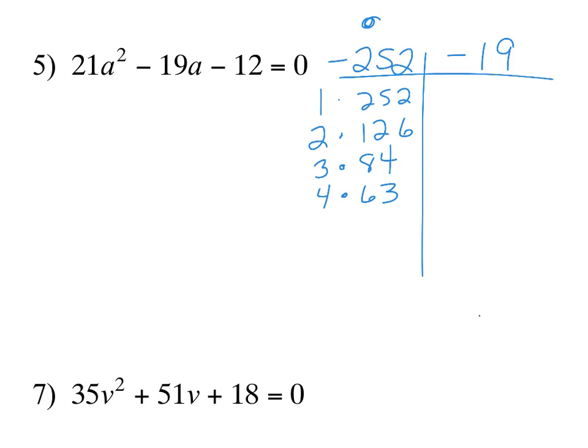No. Okay. 6. Yeah, 42. So the rule is if 2 and 3 both go into the number, then you know that 6 is going to go into it too. Just FYI. Okay, what about 7? Yeah, 36.